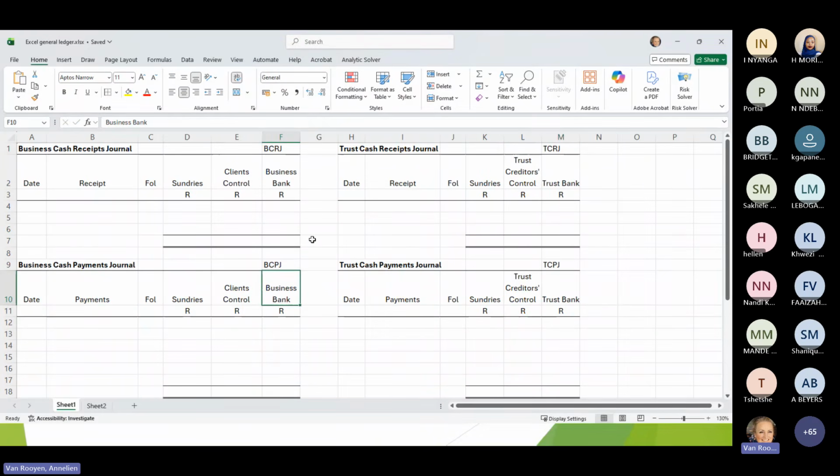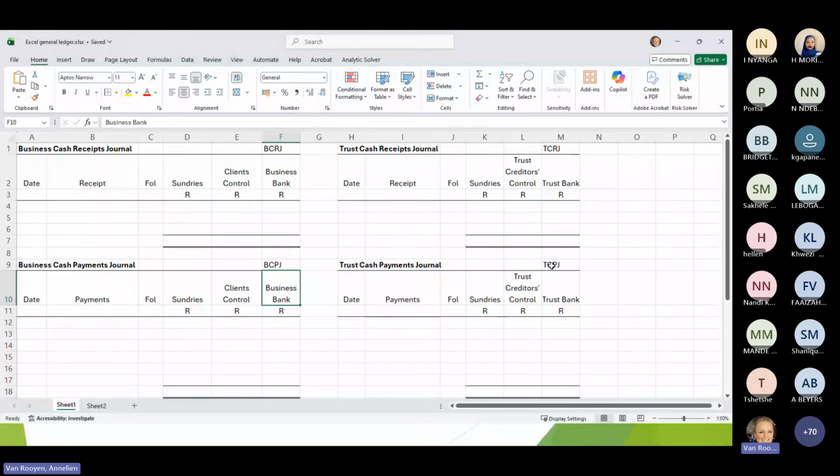And also important to know the difference in your business books. You've got clients control, whereas in your trust cash receipts and payments journal, you've got trust creditors control. Also remember the different abbreviations.